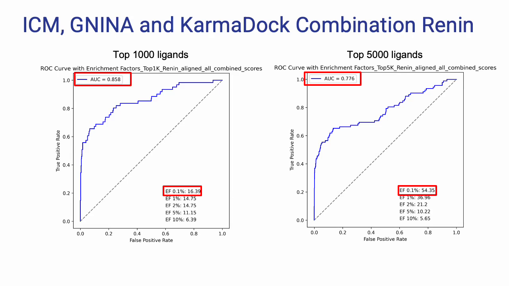For renin, it had AUC values of 0.86 and 0.78 with EF values of 16.4 and 54.4, again suggesting moderate to strong discrimination, but weak enrichment in the top 0.1%.